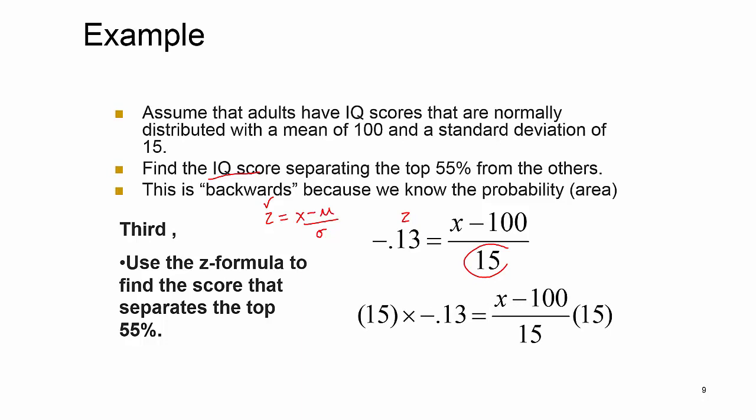So I multiply 15 by negative 0.13, and over here when I multiply and divide by 15, they cancel out. So I get negative 1.95 equals x minus 100. My last step is to add 100 to the other side to get x alone. That gives me 98.05. So my IQ score that separates the top 55% from the others is about a 98.